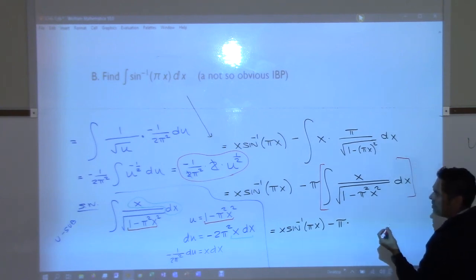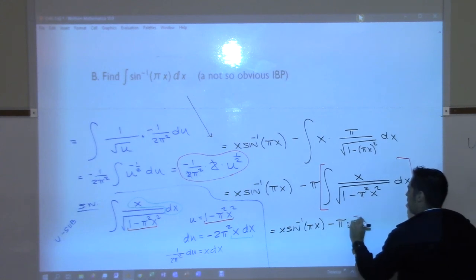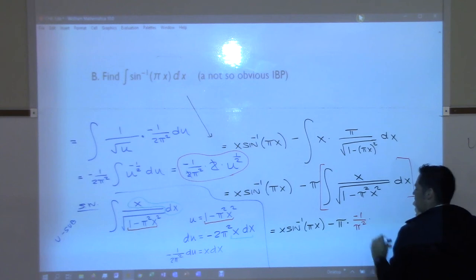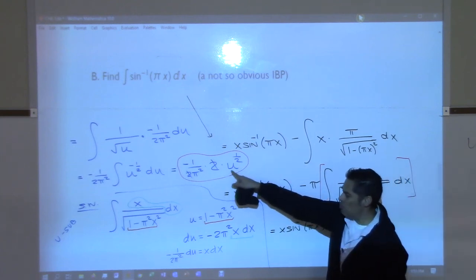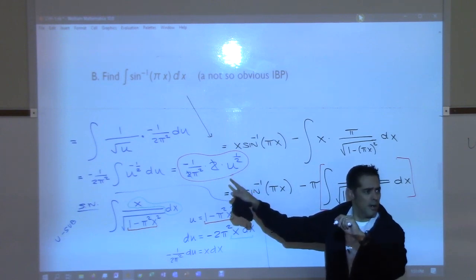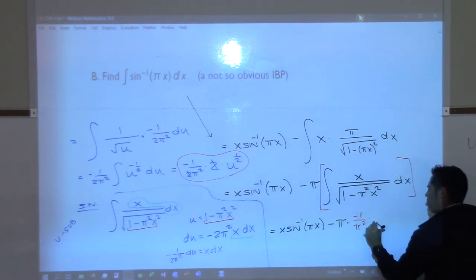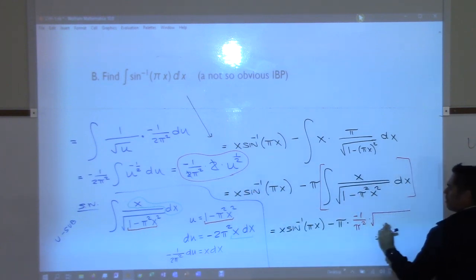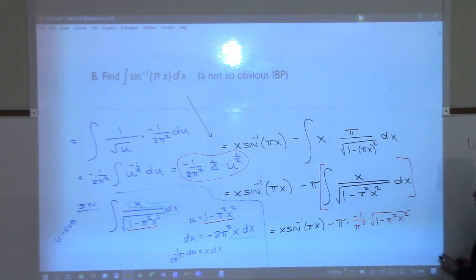And I've got to make sure I got all my constants in here. I'm going to have negative 1 over pi squared times u, which is this, to the half, which is the same as the square root, right? So I'm going to put the square root of 1 minus pi squared x squared. There it is. Now plus c.